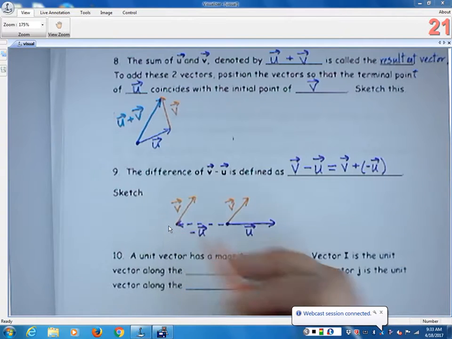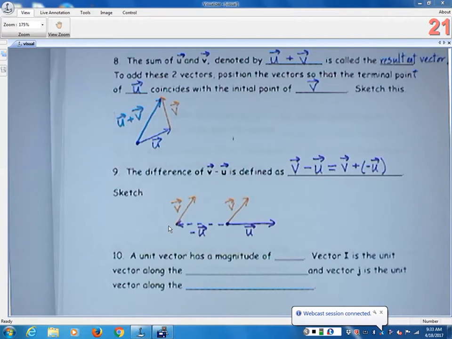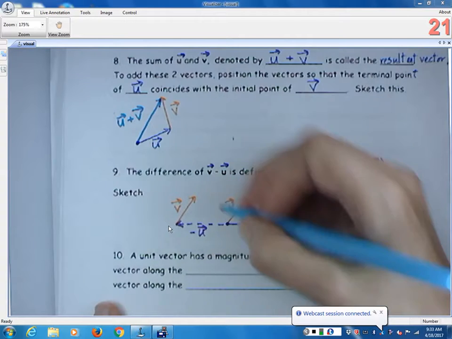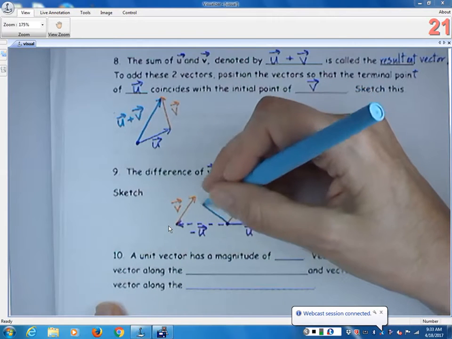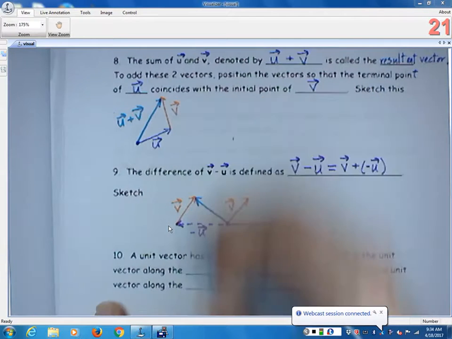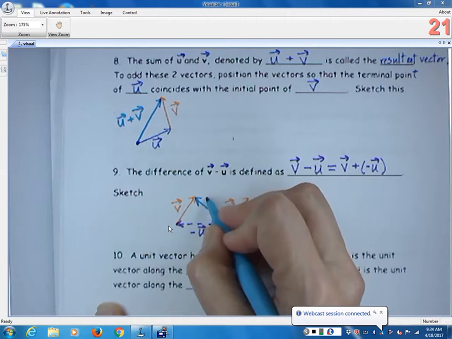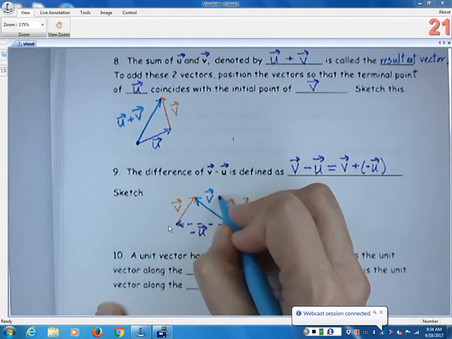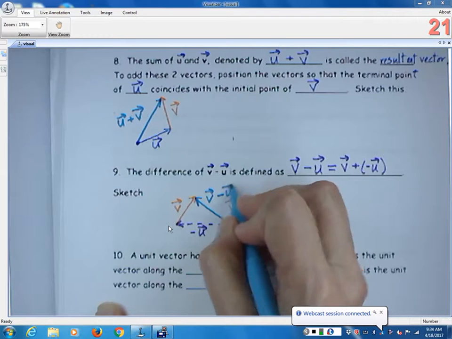And then we're going to go here. Then this is the vector v minus u in blue.